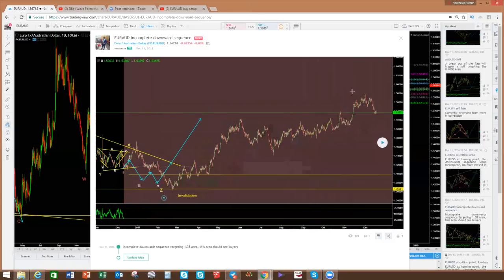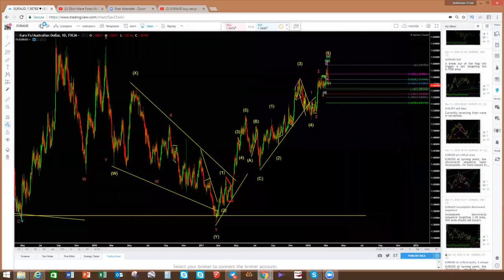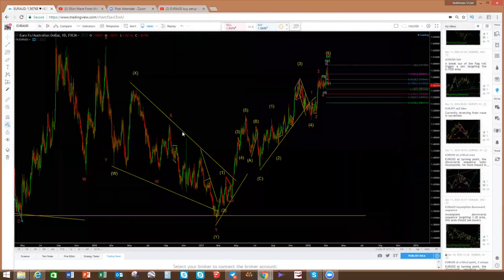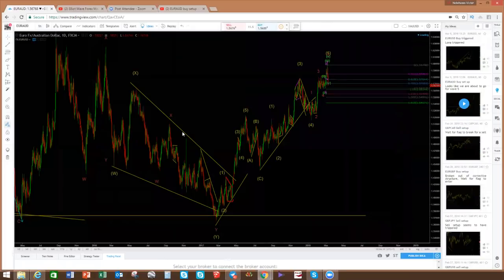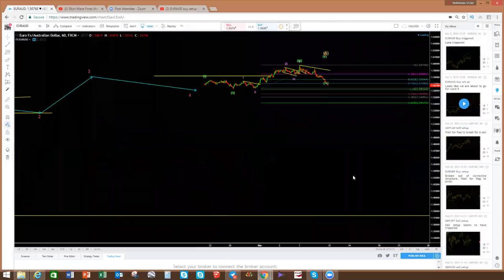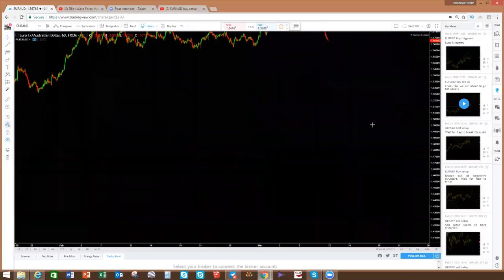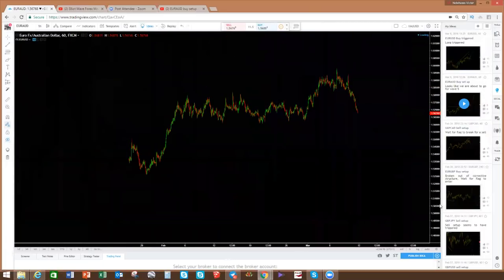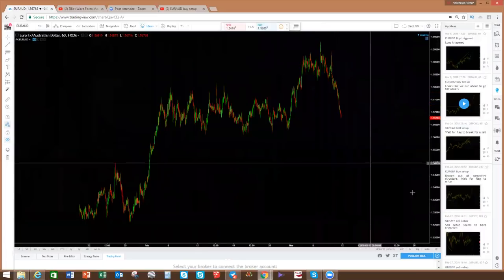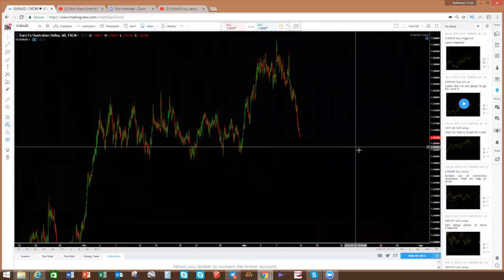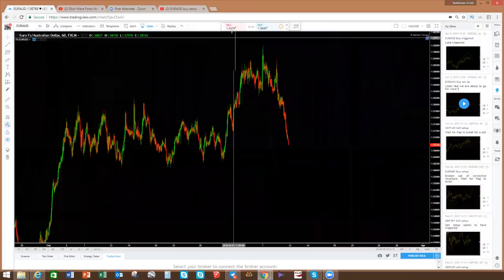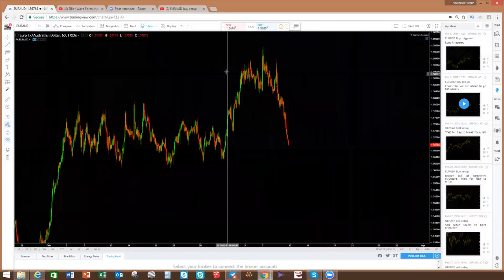So let's go into it again. Lower time frame. Switch that off. So we were looking at that last wave 5.